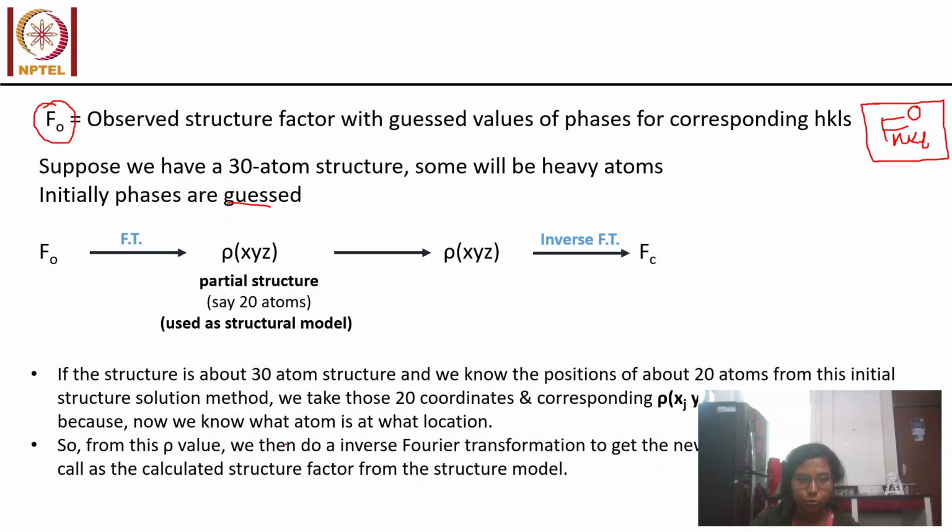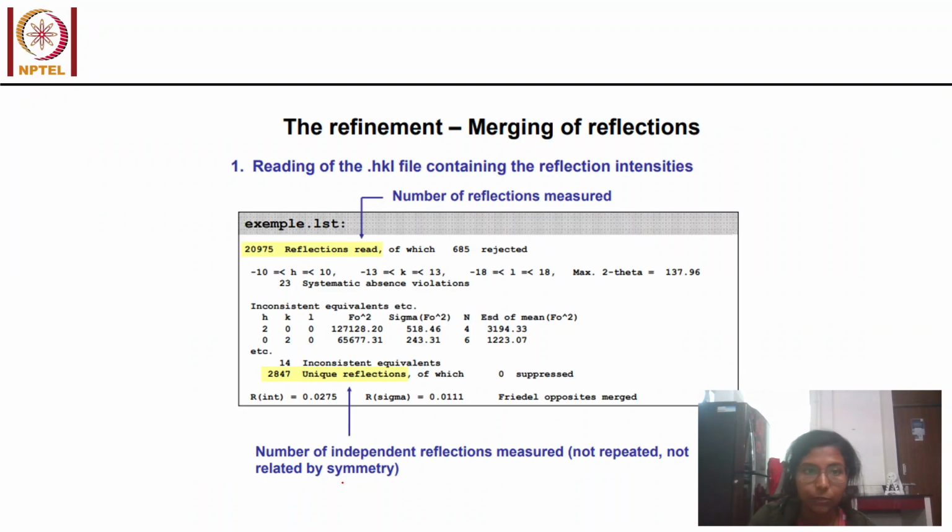So from this rho value we do an inverse Fourier transform to get the new values of HKL, which we call the calculated structure factor from the structural model. So at first we do the Fourier transform, and then we do the inverse Fourier transform. Then we were actually talking about this R int, right?